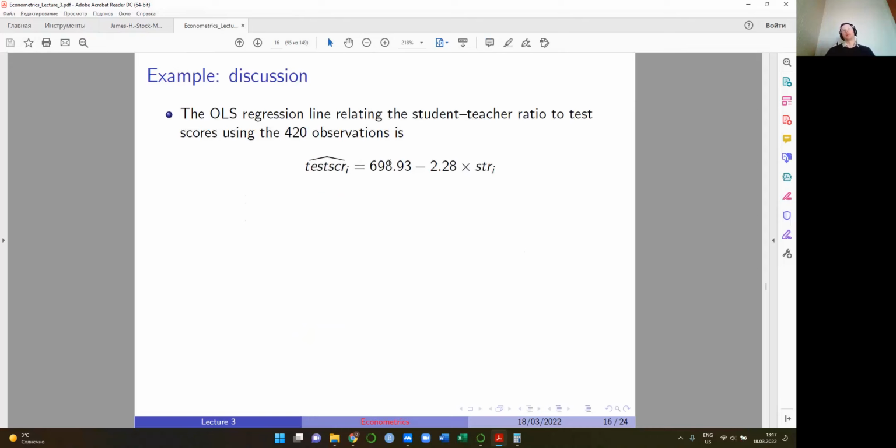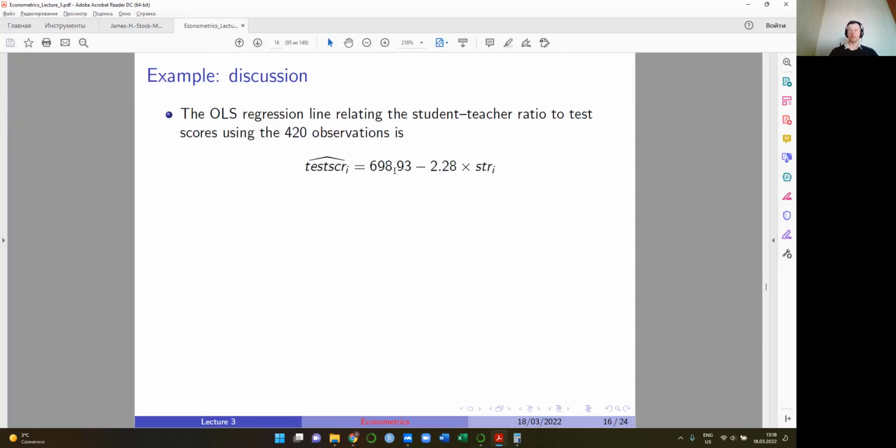Well, now let's try to understand what we have discovered with this OLS regression line and what we can answer to the questions posed in the beginning of the last lecture. So if you remember, we came to two questions. Whether it is efficient for the government to reduce the number of students per teacher in order to improve the outcomes.